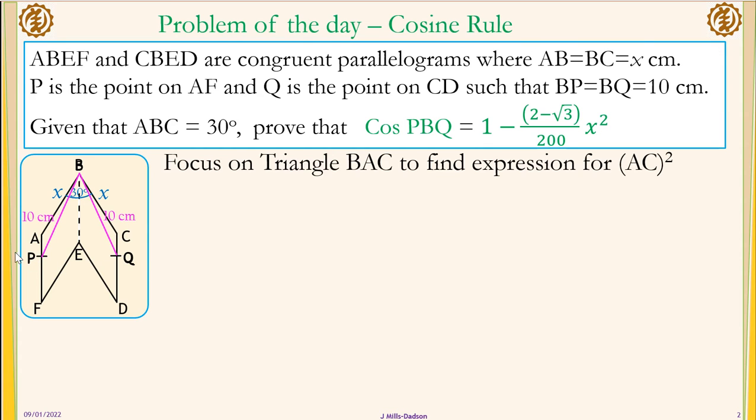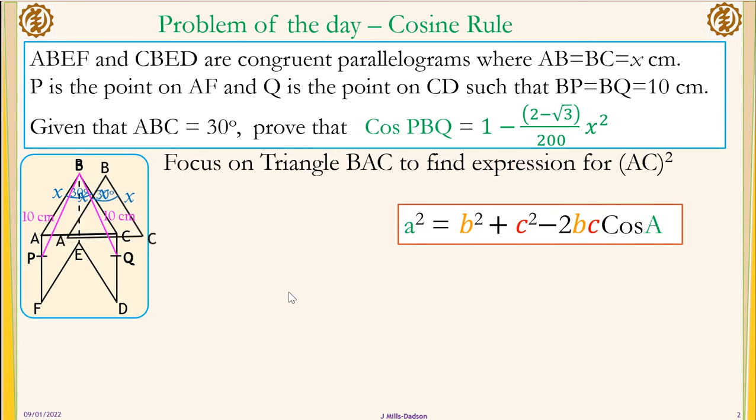I would need the expression for PQ, but I can't readily know that yet because I don't know the angle between these. But I know the angle between x and x, so I can work out AC and refer the same for PQ.